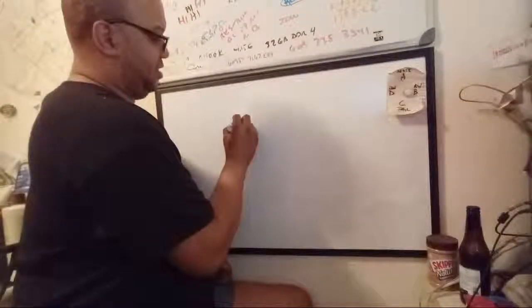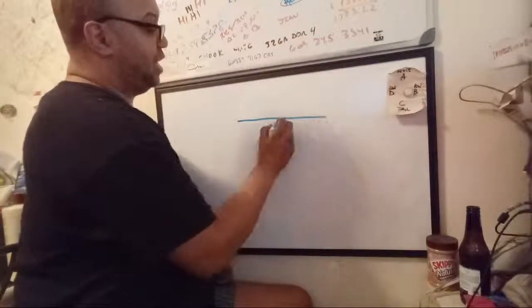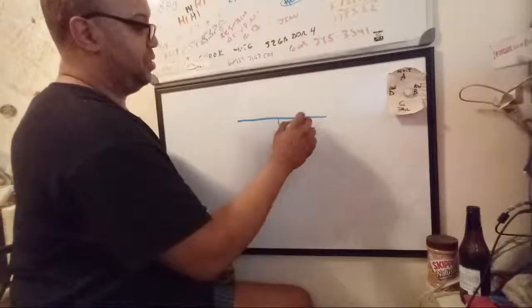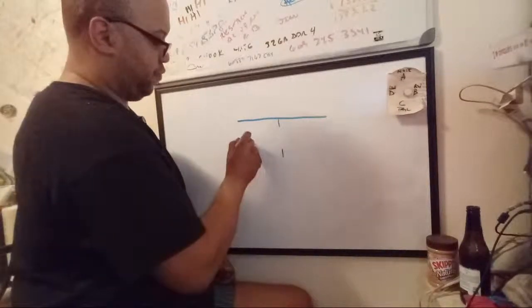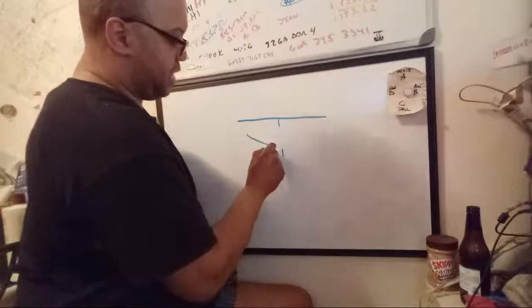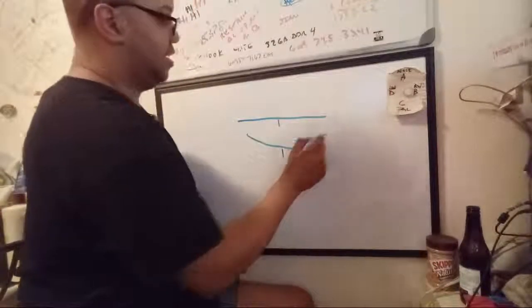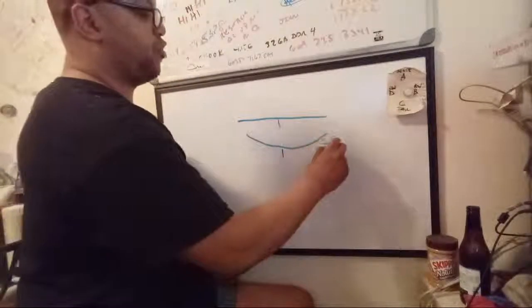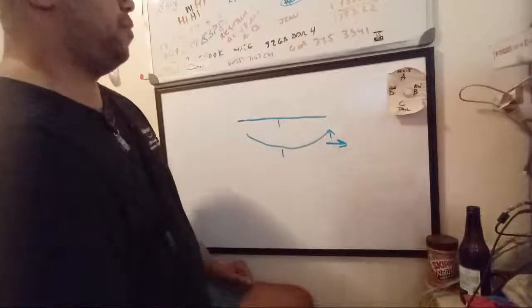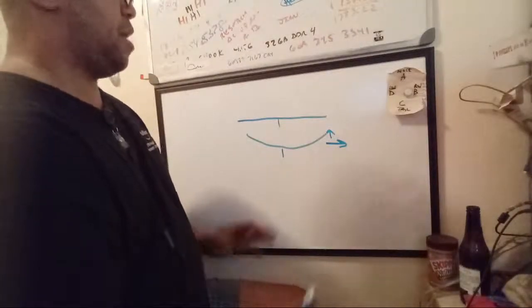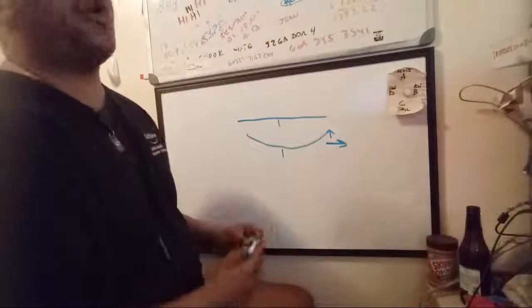Well, correct: lift and centrifugal force. Okay, so when we go from this to, and I'm exaggerating it, this, centrifugal force is acting outward and lift is acting upward. So a combination of those two forces are making the coning occur.